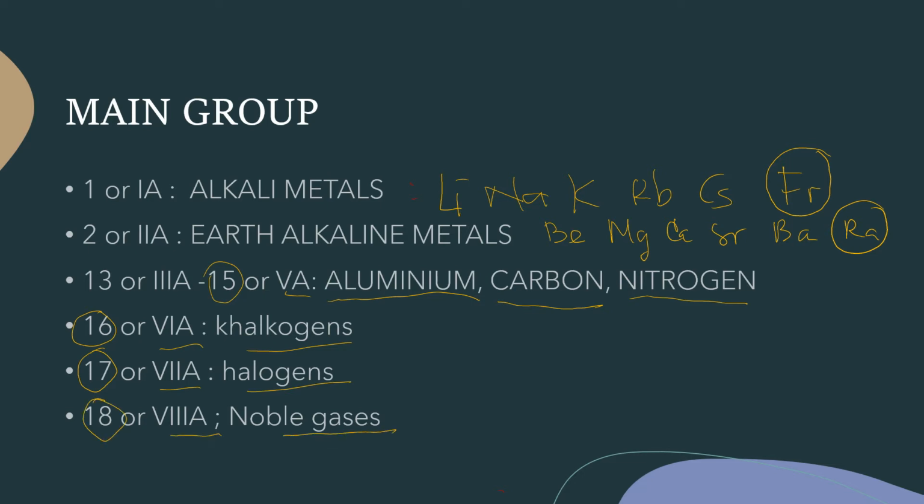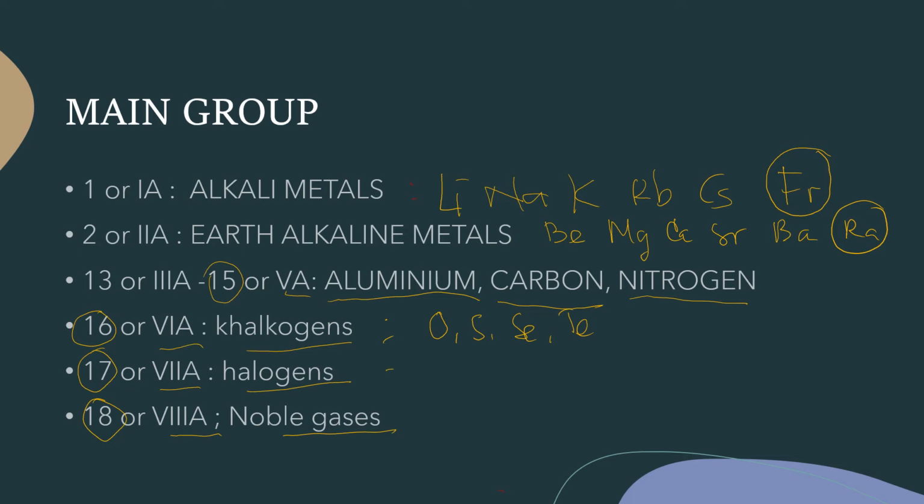For chalcogens or 6A group elements, starting from oxygen in the second period, and then we have sulfur, and then selenium, and then tellurium.